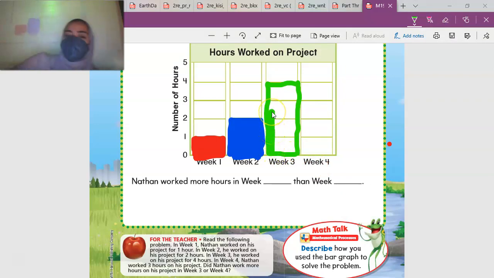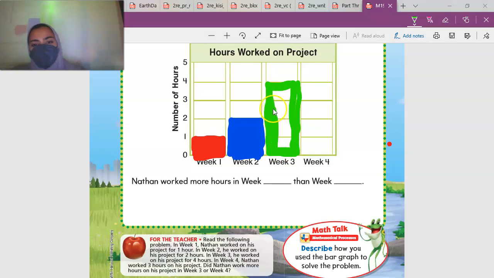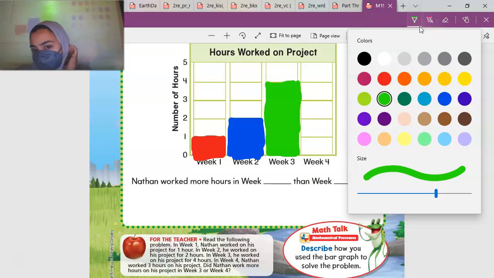Oh, you can barely see it, but on my computer it shows green. But again, my board is really, really bad. Okay, anyway, you can do yours whatever color you want, but I'm just trying to use different colors because I always kind of use the same primary colors.